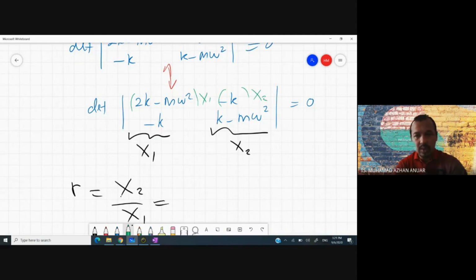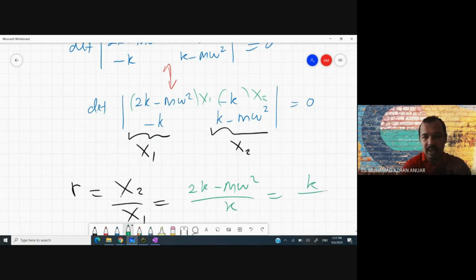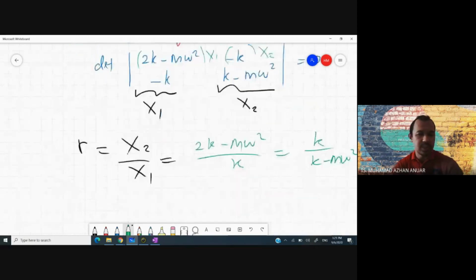So you rearrange x2 divided by x1 and get the same expression as before: 2k minus m omega squared divided by k, or using the second equation, k divided by k minus m omega squared. So once you get r, it's easy for you to calculate the mode shape, and easy to represent the response in the equation.